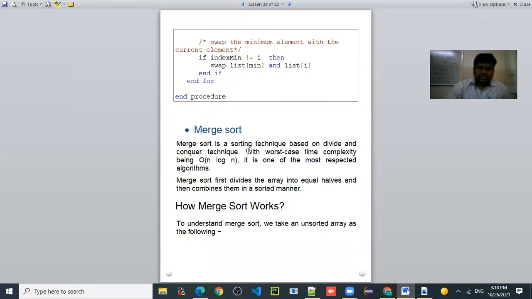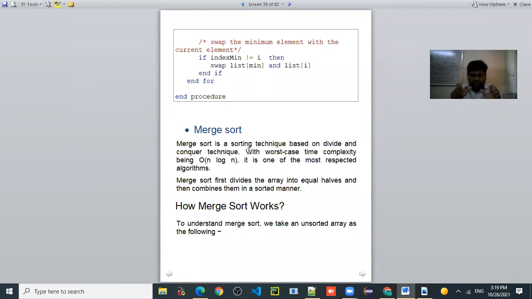Now merge sort. This technique uses divide and conquer. Merge sort first divides the array into two equal parts, and after that combines them by considering the sorted order. A list or array is given to you.